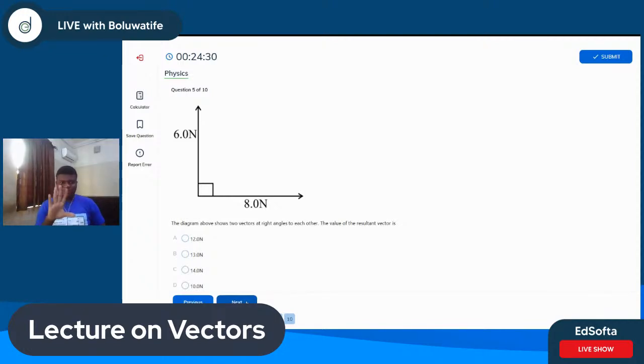So for 6 and 8, the Pythagorean triple is 6, 8, and 10. That's what practice does. The reason I can identify this Pythagorean triple is practice, and I can prove it. We're finding the resultant, which would be from here to here, and that forms our hypotenuse.